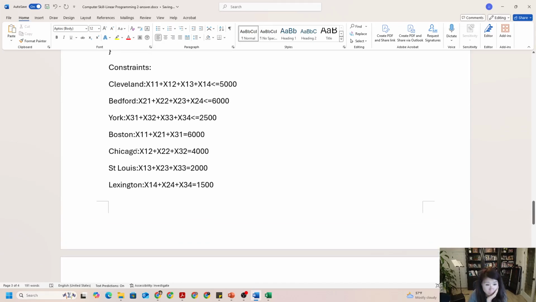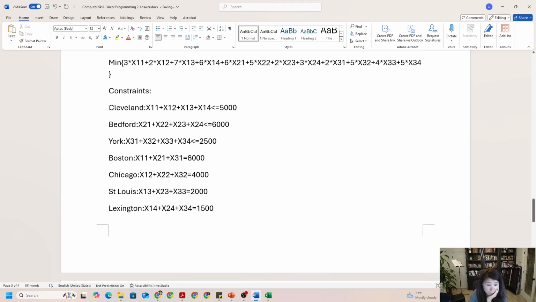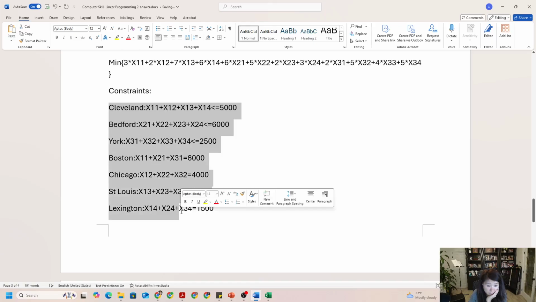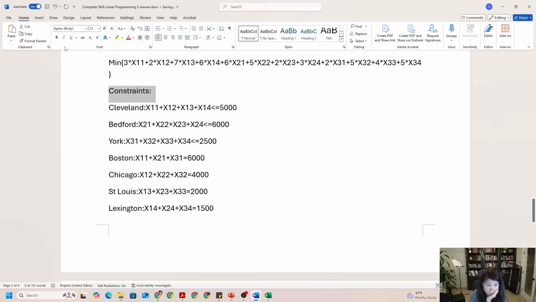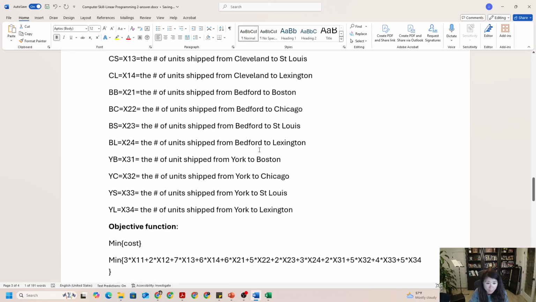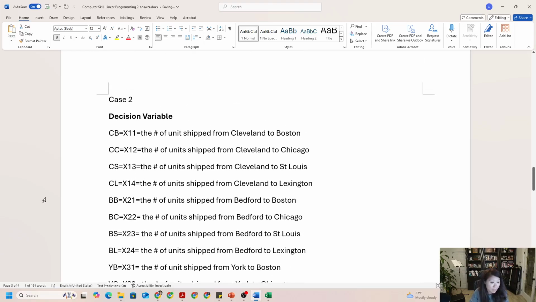Okay, now those are my constraints. In total we have 1, 2, 3, 4, 5, 6, 7 constraints besides the non-negativity constraint. In my next video, I will show you how we can use the solver to solve this very complicated problem.